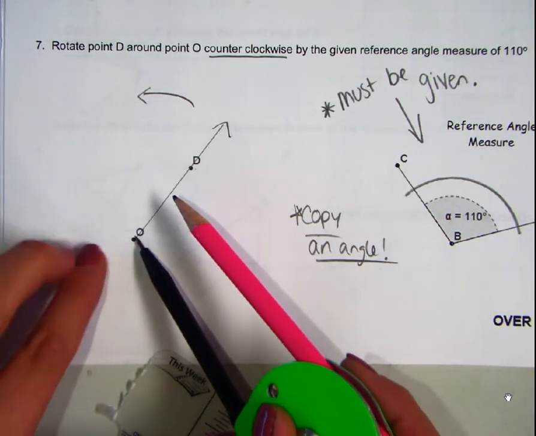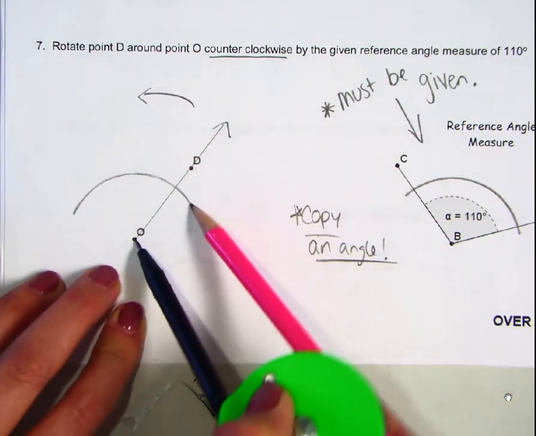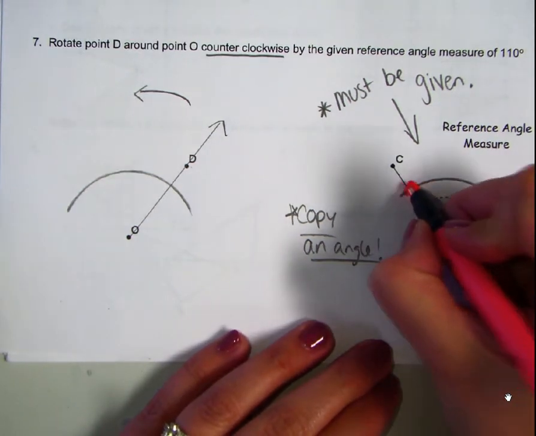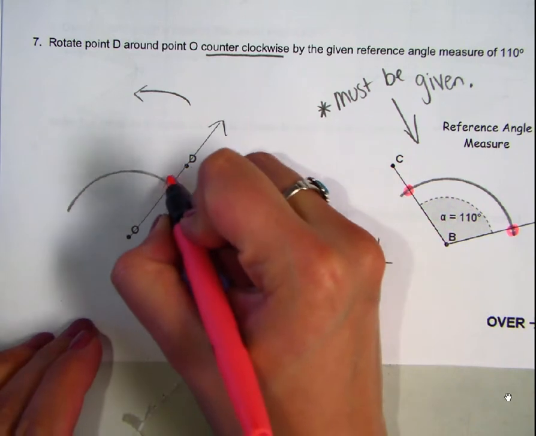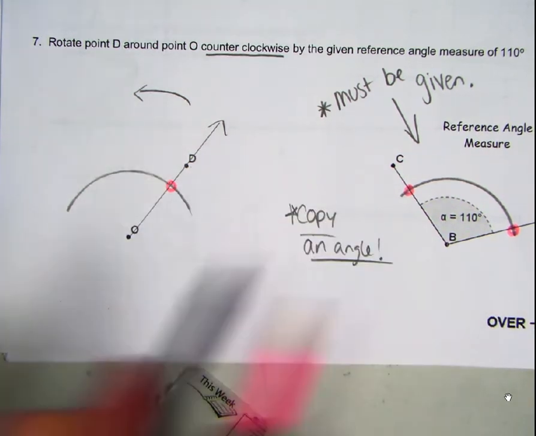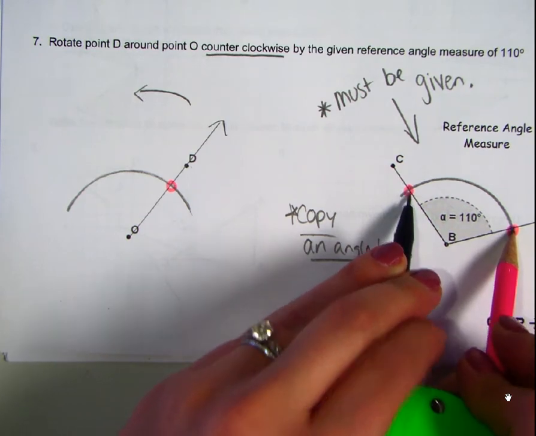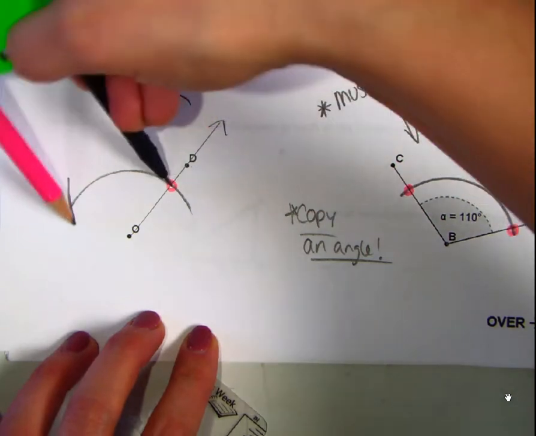Make the same size loop. You should see on your reference angle your loop hit twice. We need to take this width and copy it over. So how wide is 110 degrees? Copy it over here.